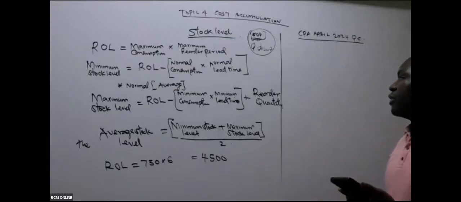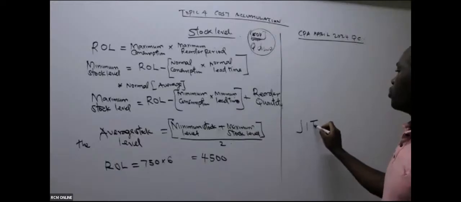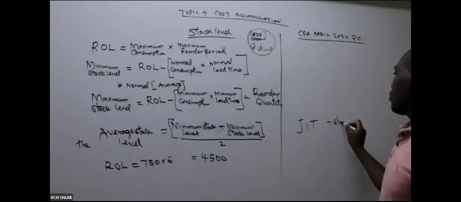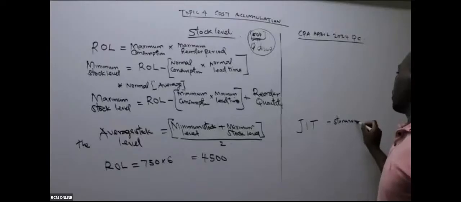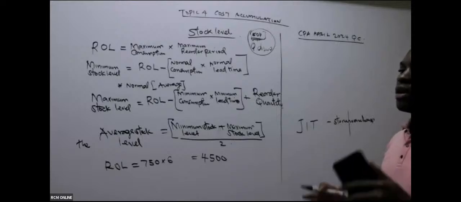Efficiency. Now, just-in-time means you are not going to create space for a store or warehouse. You will not be incurring any cost for a store or warehouse. You don't have to keep the closing or opening inventory.